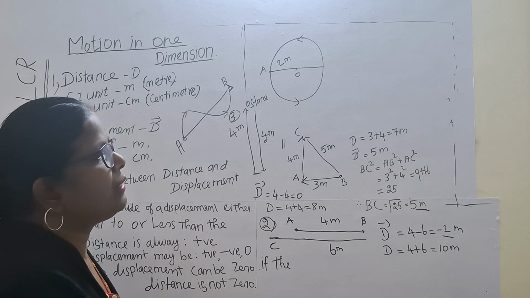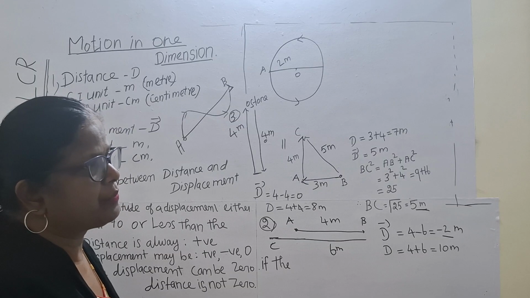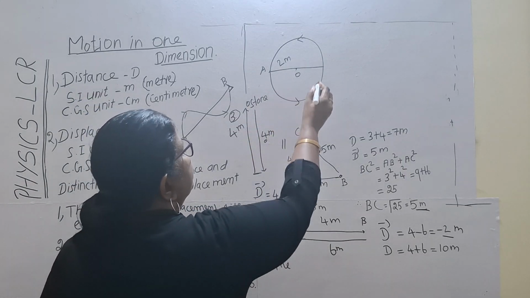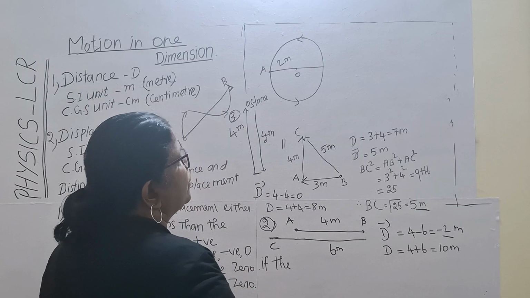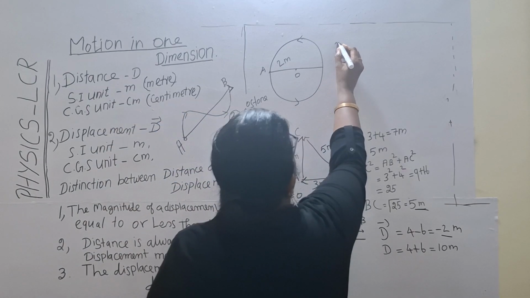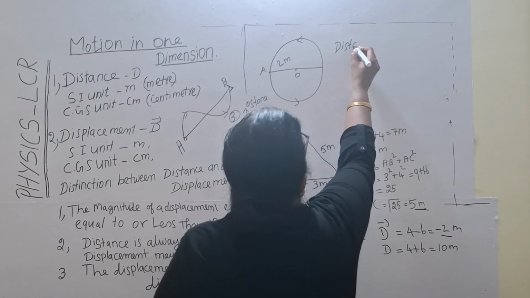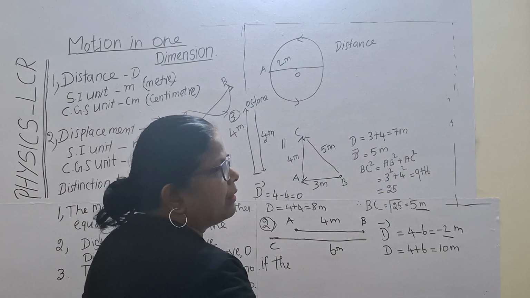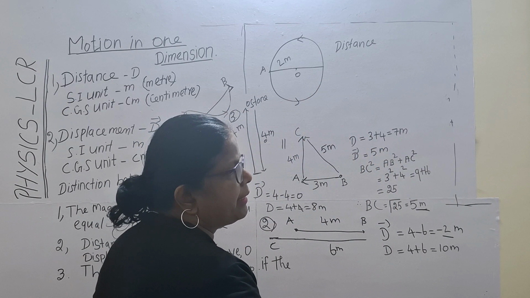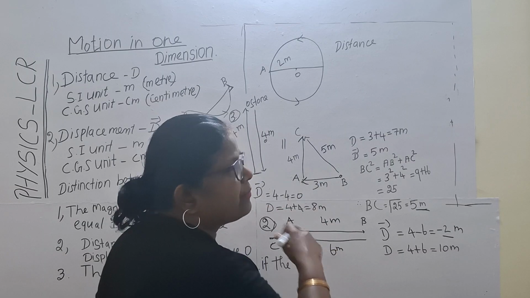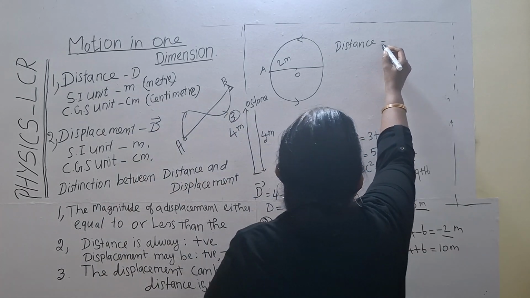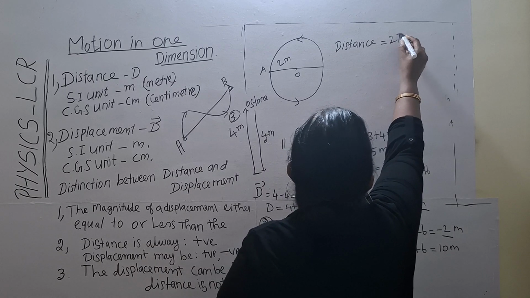So we can calculate distance and displacement. When the body starts from A, again it reaches A. The distance is the circumference of the circle, so distance is 2 pi r.